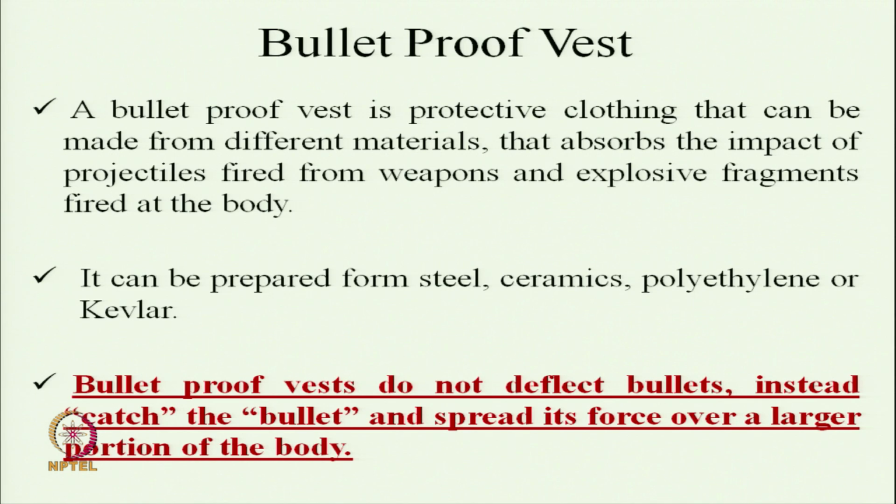Instead, if it absorbs, the shock will be dissipated around a larger area. A bulletproof vest can be prepared from steel depending on the threats, ceramics, polyethylene or Kevlar. As I have already mentioned, the bulletproof vest does not deflect bullets; instead it catches the bullet and spreads its force over a larger portion of the body.